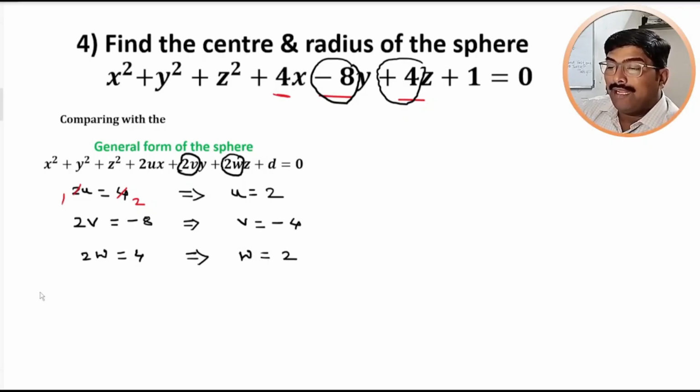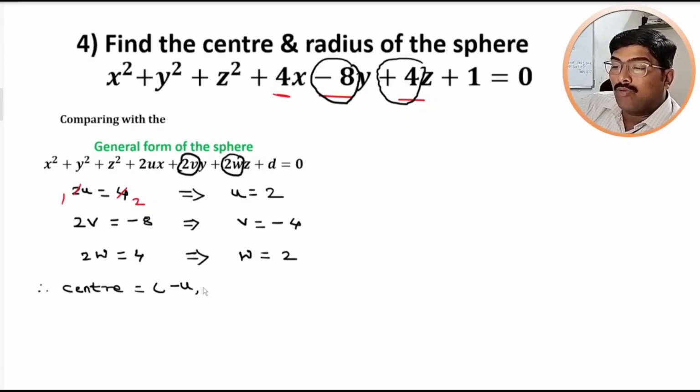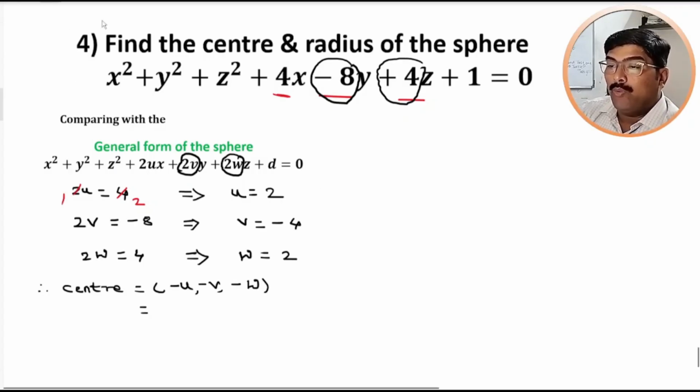But we know that in case of general form, the center of the sphere is given by minus u, comma minus v and minus w. So that is nothing but, now you have to substitute the value for u, v and w.